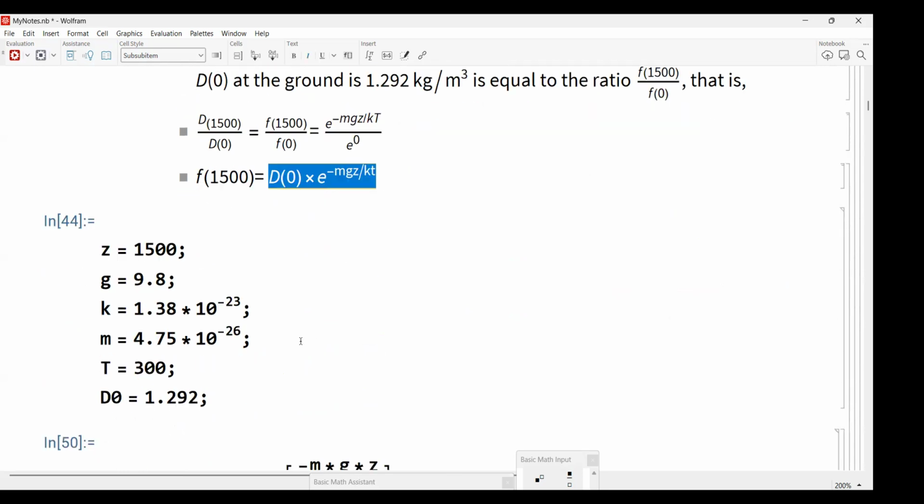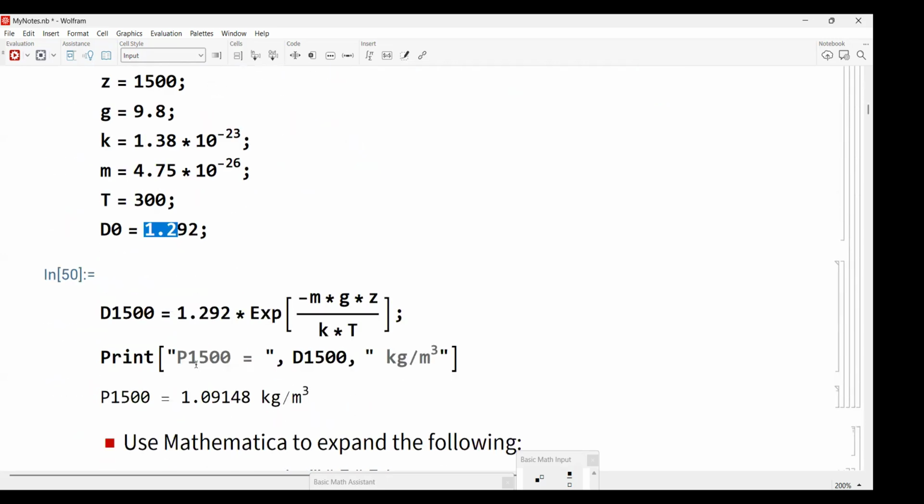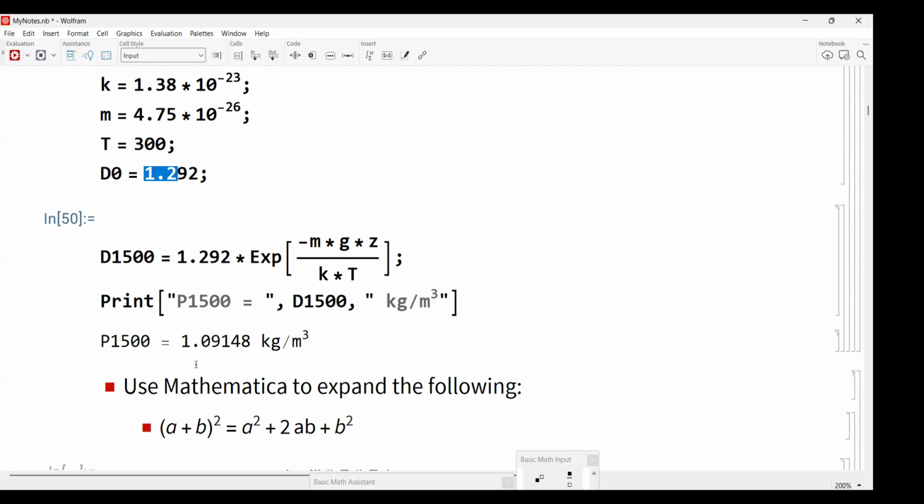So given here, we have the distance from the ground, 1,500. Acceleration due to gravity is 9.8. This is the Boltzmann constant. We have the mass here, 4.75 times 10 to the negative 26. We have the temperature in Kelvin, and we have the density at the ground. So we can substitute that here in the formula.